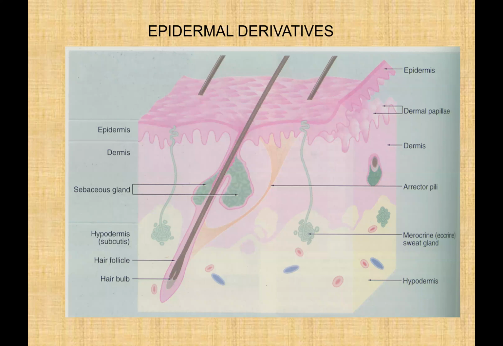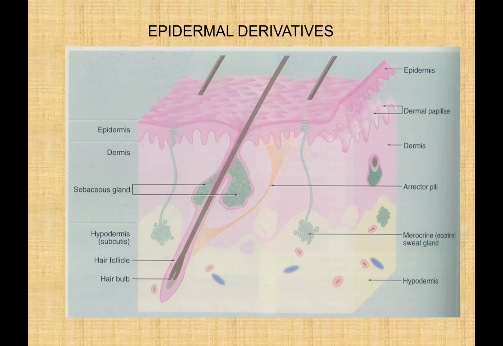Cellular structures that will come out of the skin are epidermal derivatives. What are some of the things that come out of your skin?